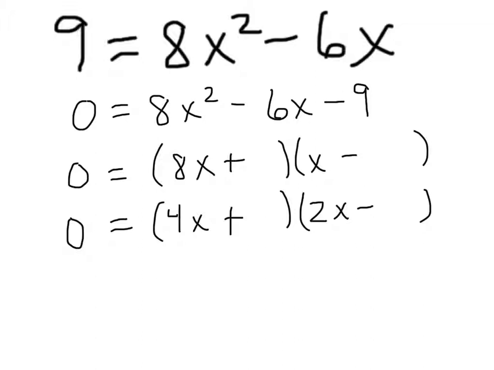So factors of 9, 1 times 9, 3 times 3. Which ones are we going to use and into which set of parentheses? That gives us minus 12x plus 3x is minus 6x. So this is our correct factoring here.